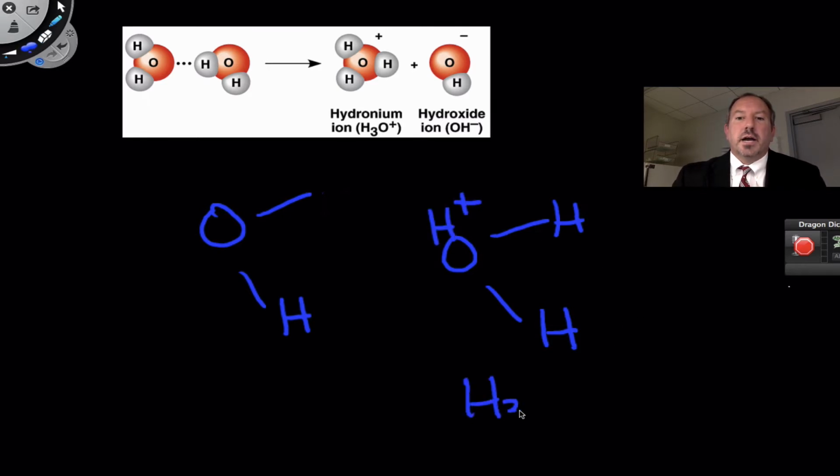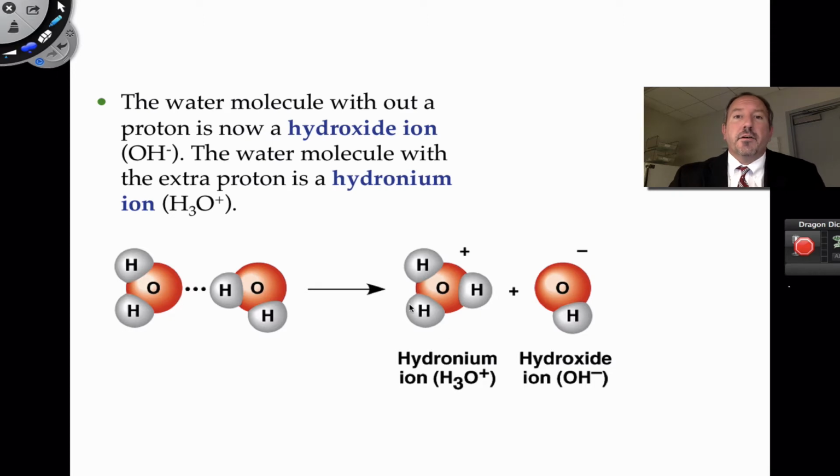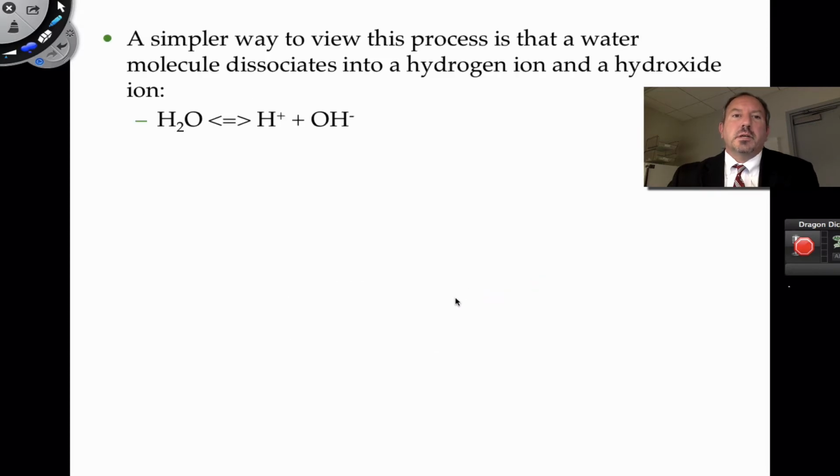So you get a hydronium ion forming, and as a result, you also get a hydroxide ion forming. So these are balanced. And so this is the basis of pH. Now, I'm emphasizing this: it's rare that this happens, but when hydronium and hydroxide form, they're in equal concentration. Okay, just want to emphasize that.